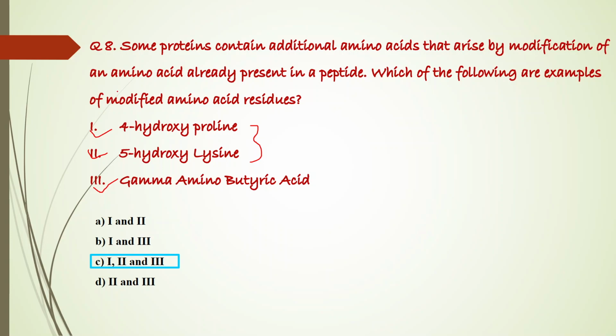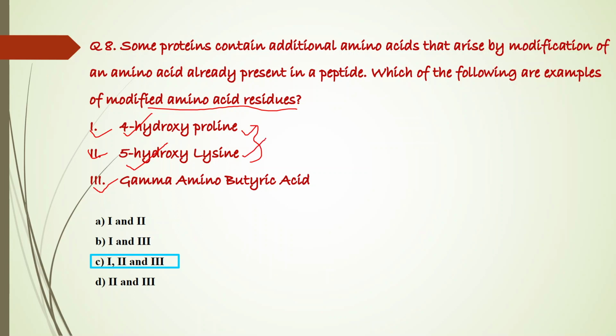So basically these two are modifications of proline and lysine, 4 hydroxy proline and 5 hydroxy lysine. They are the modifications of important basic amino acids. So these two options are obviously correct. They are modified amino acid residues. They already have the names of the amino acids in them.